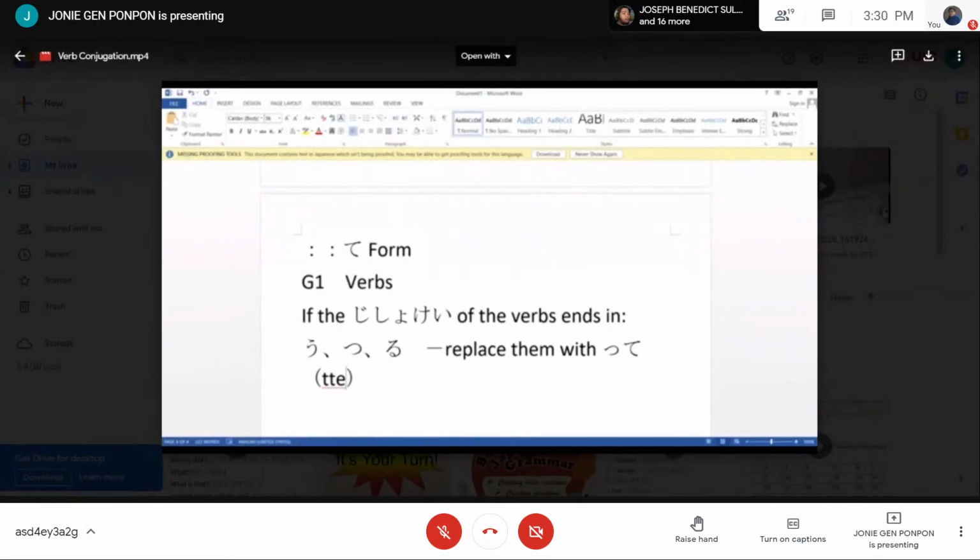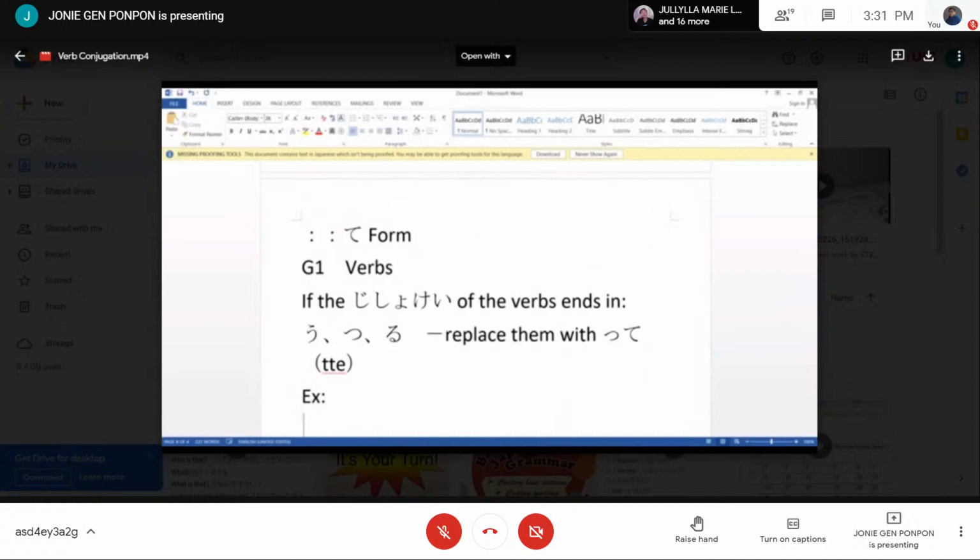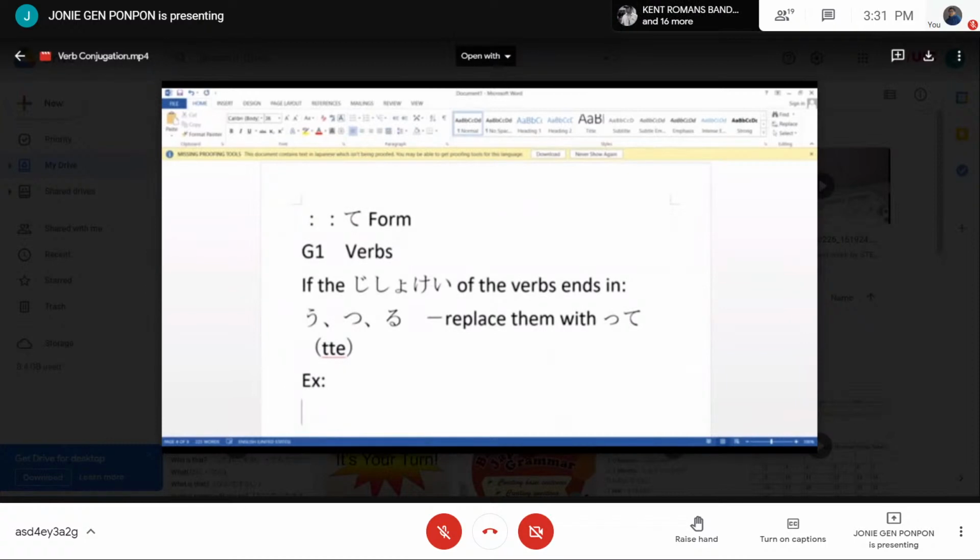So let's have some examples. For a verb whose jishuke ends in the u sound, let's have utau, meaning to sing. This is the jishuke of the masu form of the verb, utaimasu. So from utaimasu, it became utau.